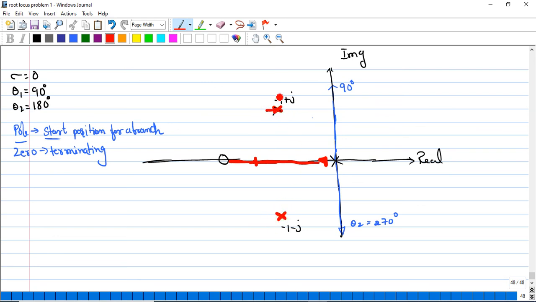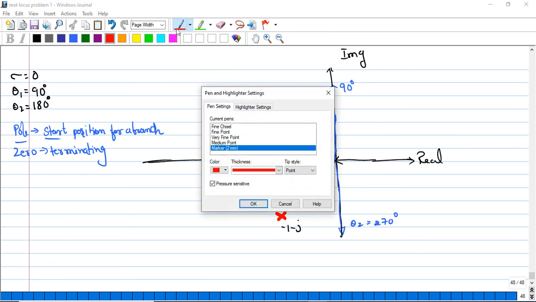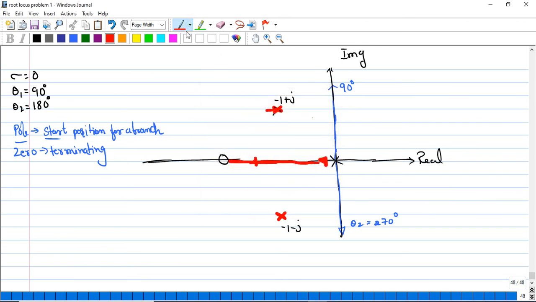So if I mark, take a thin line. So I will mark these guidelines in order to make the departure.